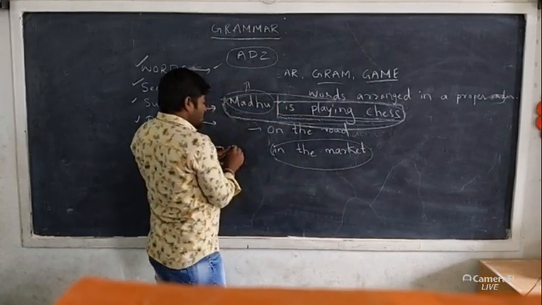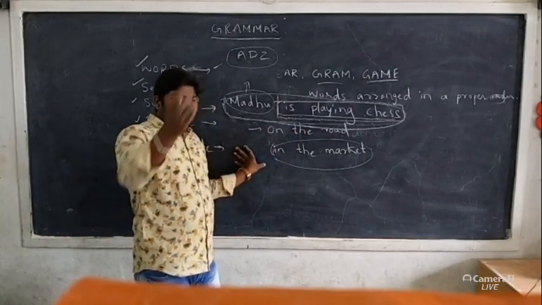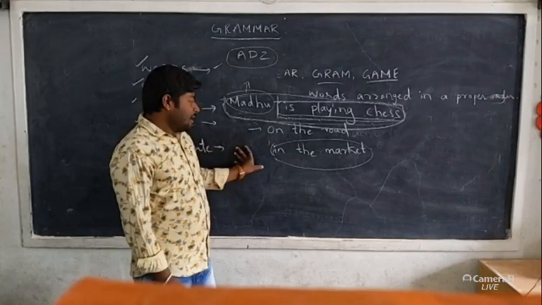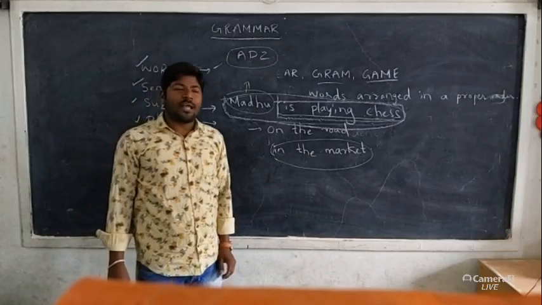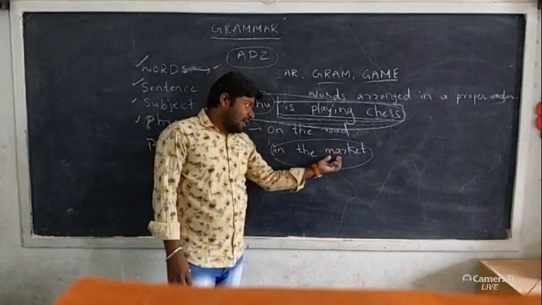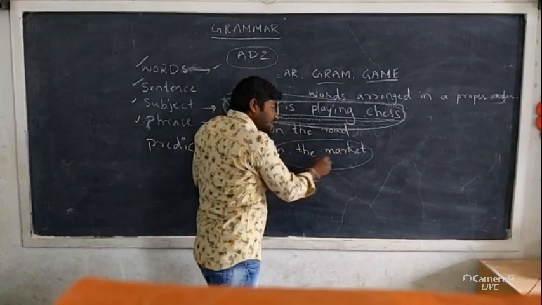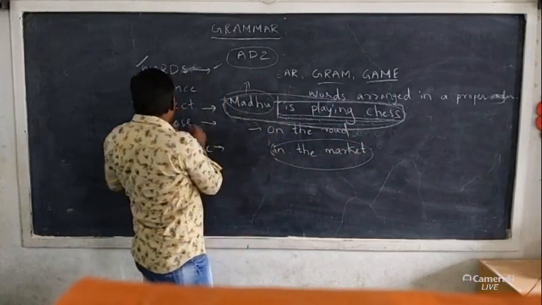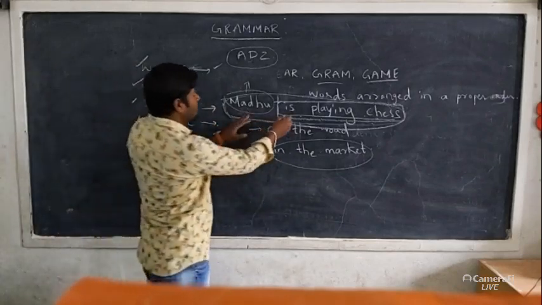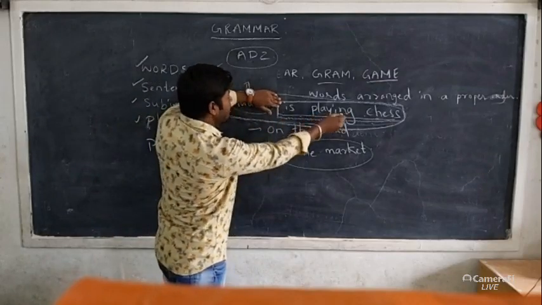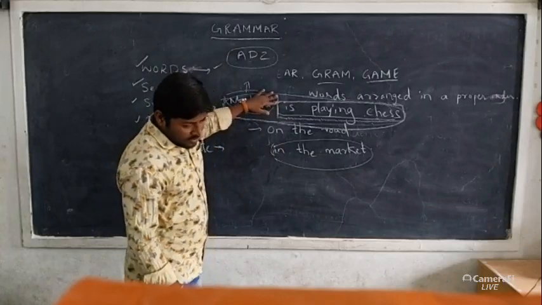If I say Raju is in the market, it is a complete sentence. Where is Raju? Raju is in the market. But if I say in the market, who is in the market? Where is the market? We have no clear idea. That is why this group of words, though in meaningful order, doesn't give complete meaning. It is called a phrase. And predicate, as I have just told you, in is playing chess, except the subject, the remaining part of the sentence is called the predicate.